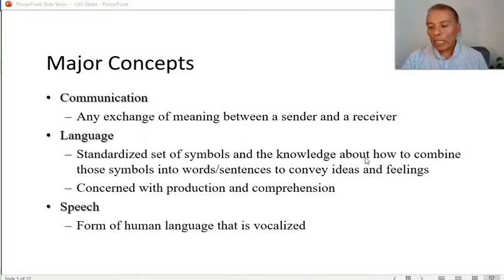So again, when we say someone has a speech disorder, we imply that person either has a voice disorder, a stuttering disorder, or a speech sound disorder.